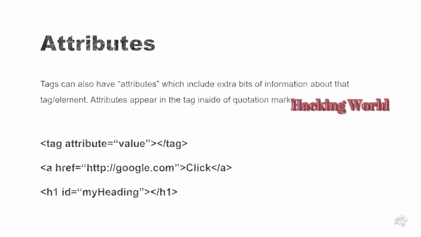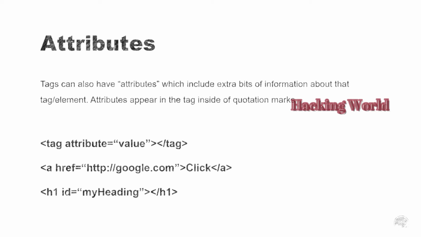So in this example, we're using an A tag, which represents a link, and we have an attribute called href, and we're setting that to google.com. So that's how we can get the browser to know that this is a link going to google.com. Now, attributes can use double quotes or single quotes, but usually you're going to use double quotes. That's what you'll see for the most part, but single quotes will also work.